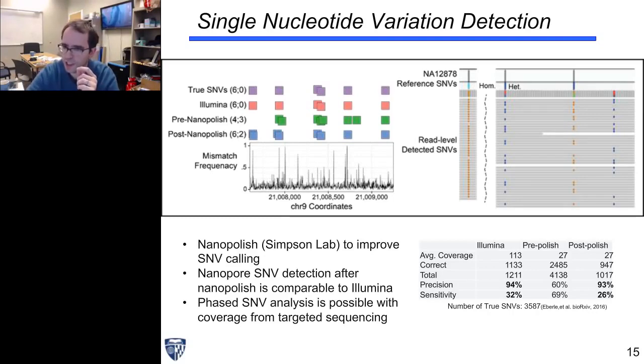On the left, each row is a different sequencing read. You can see that we're calling this homozygous SNP, a difference from the reference human genome, accurately. Most of the reads after nanopolishing are called correctly as orange, which is, I forget what letter that is, but it's a different letter in the reference.